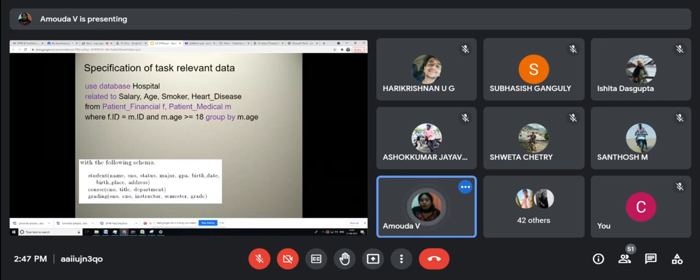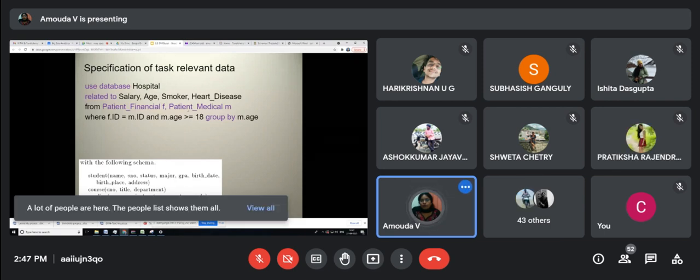Only those tuples which are in common, you have to select, and then you look for age greater than or equal to 18. First, this is the condition, then group by age.